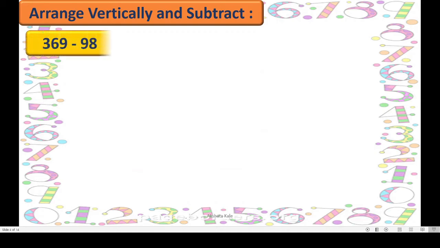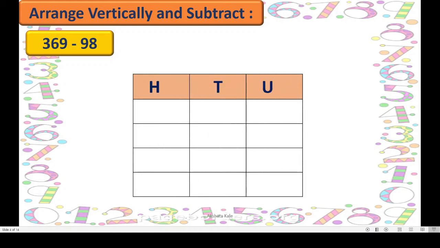One more we will try. The number is 369 minus 98. Only 2 digits are there in the second number. So we will prepare our table. We will write 369 up and 98. See here, 9 we have written in the tens place and 8 in the units place. Nothing is there in the hundreds place, isn't it? Now minus. Here in the unit place 9 minus 8 is equal to 1.